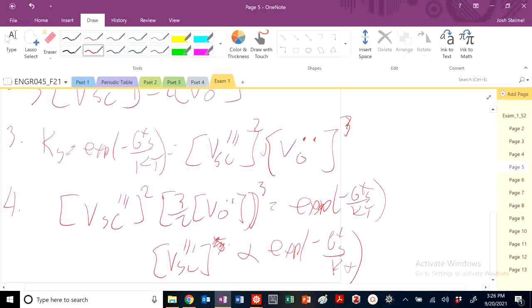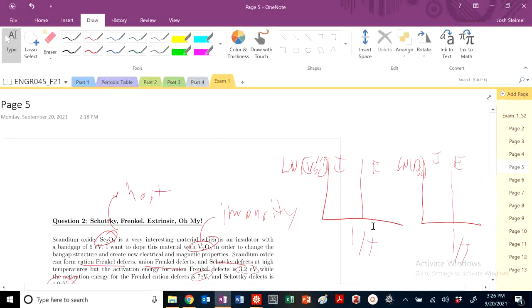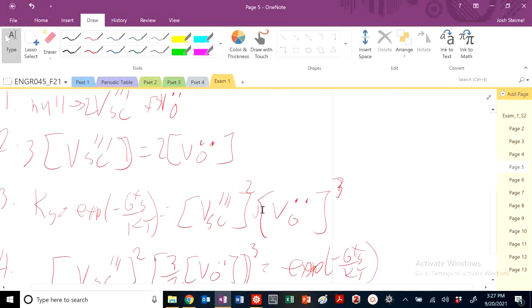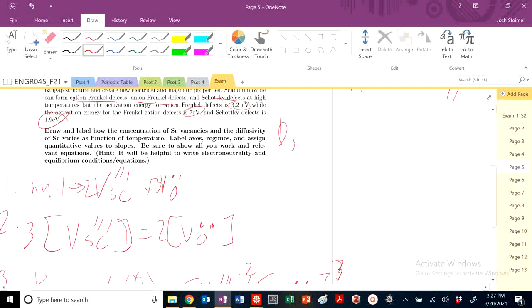I'm going to put this over here and take the natural log. So my slope for the concentrations will just be minus G formation of Schottky over 5k. Now, what about my diffusivity? My diffusivity of Sc is going to be equal to my jump rate, my squared, my f over 2d, multiplied by the concentration of scandium vacancies.